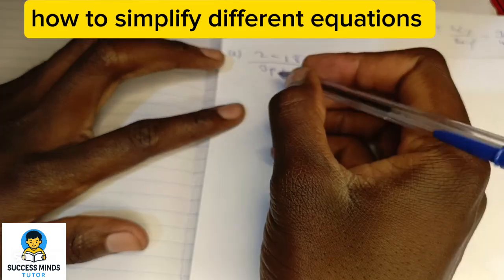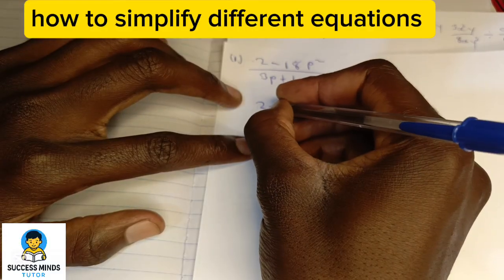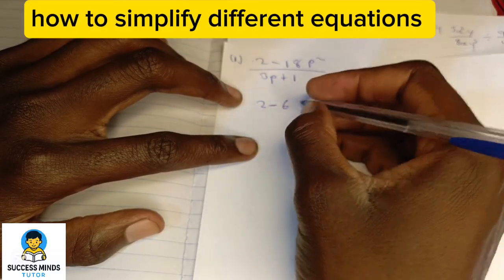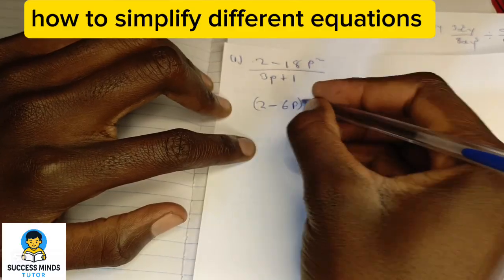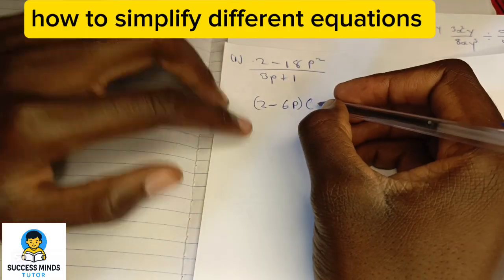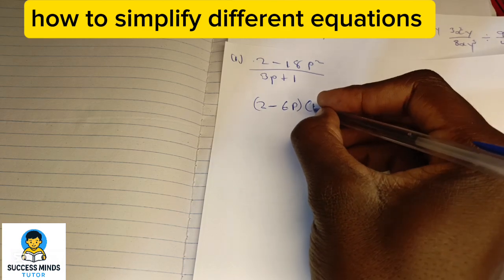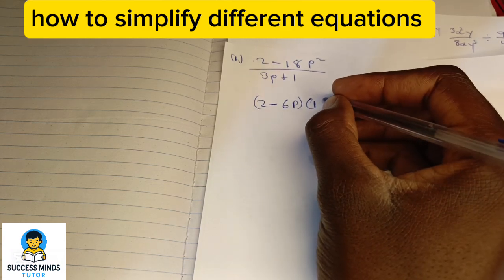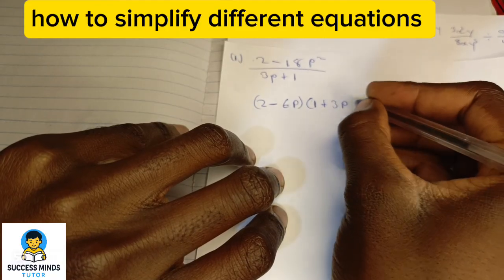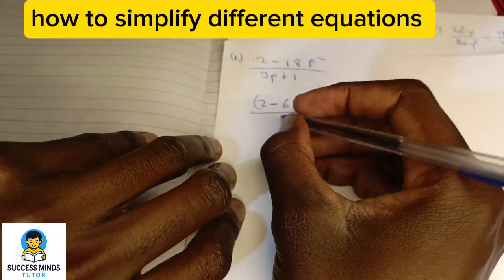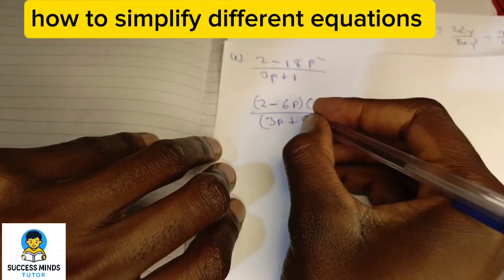So here we're going to say 2 minus 6p. We close our bracket, then we open another bracket, since we have a square there, so we are going to have 1 plus 3p, close bracket, over 3p plus 1.